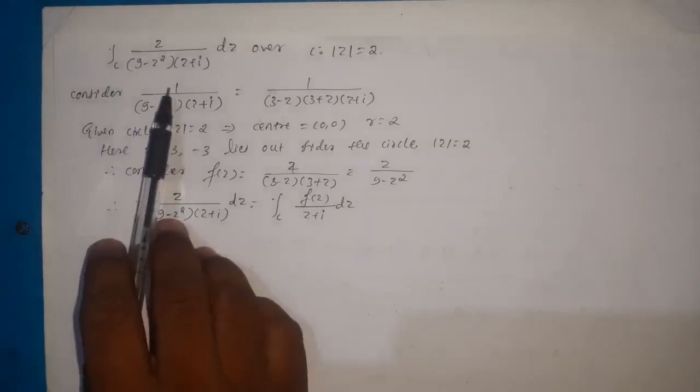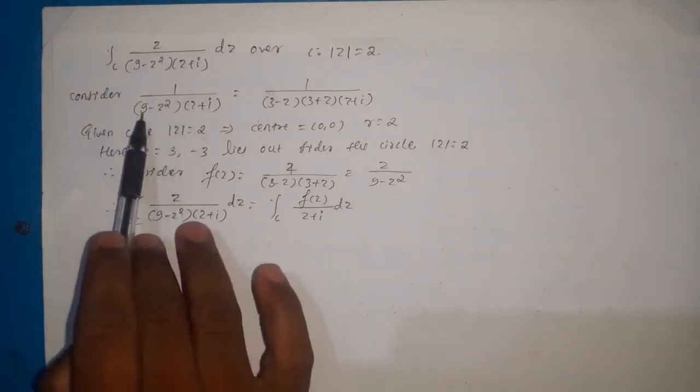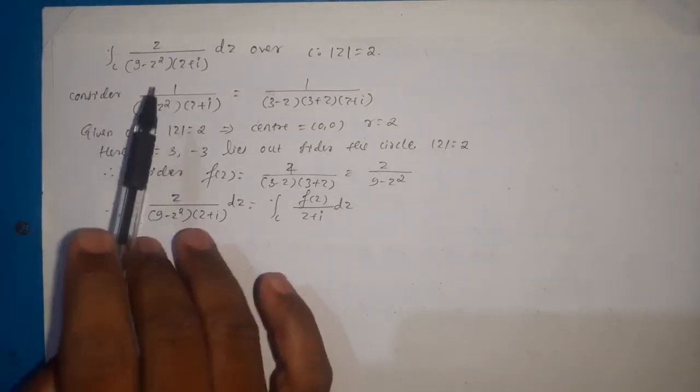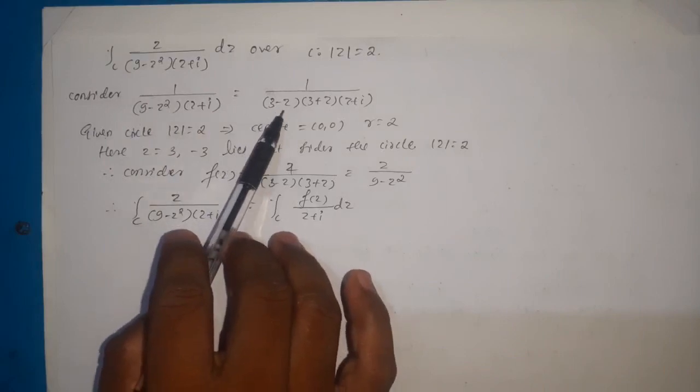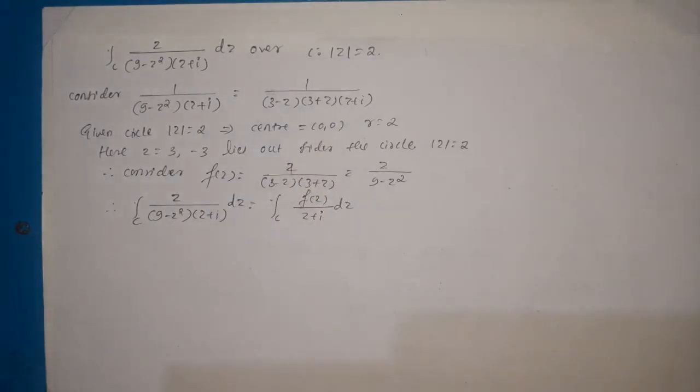Here 1 divided by (9 minus z square) into (z plus i), where 9 minus z square is equal to (3 minus z) into (3 plus z), and z plus i as it is. Now, here we have not applied partial fractions to separate the denominators, because look at the points 3 minus z, 3 plus z and z plus i.